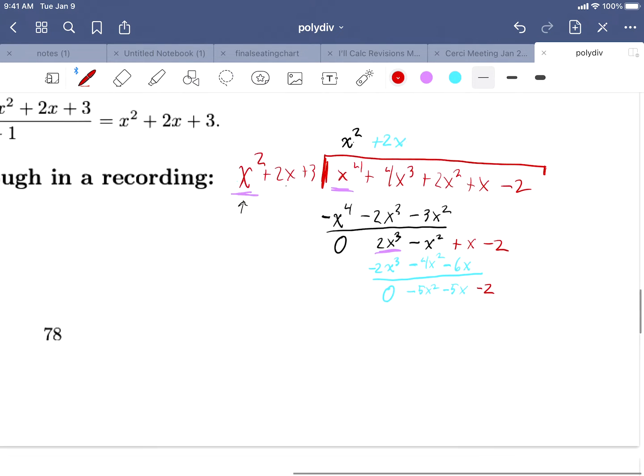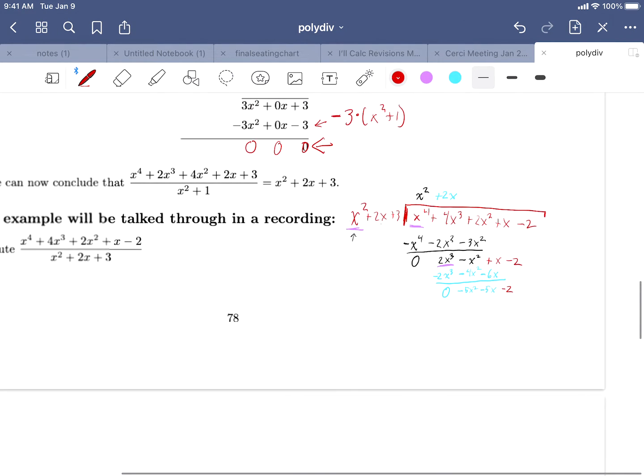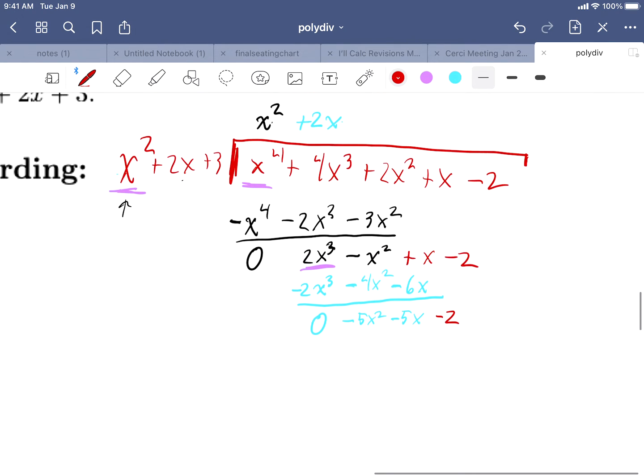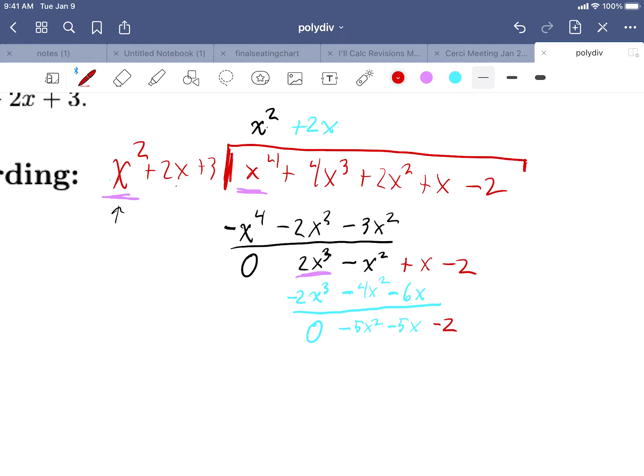Minus 2. Alright, cool. I may wind up revising this somewhat. So let's keep on going.